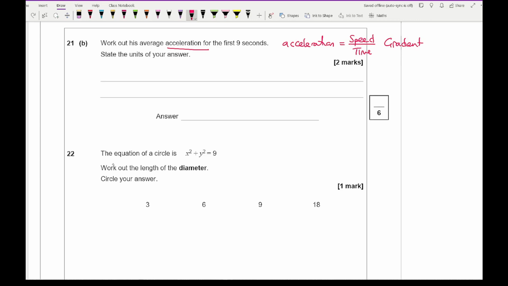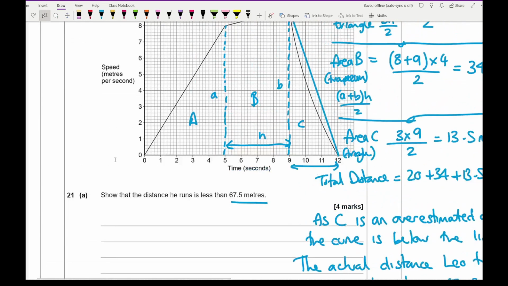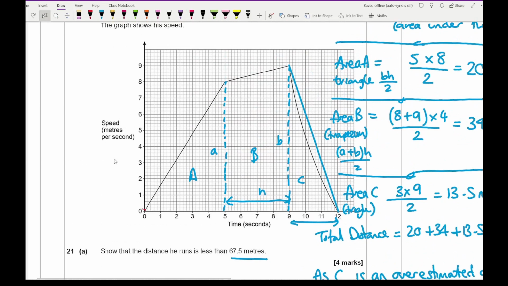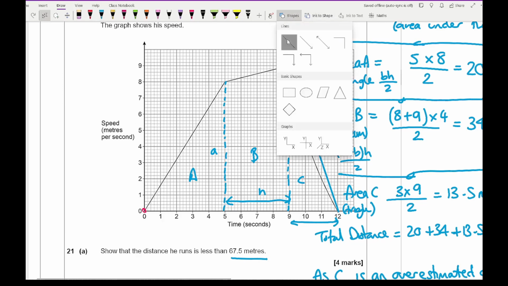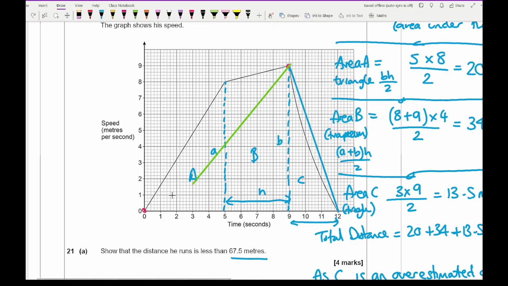So what the question is asking me is to work out the gradient of the first 9 seconds. So if I go back to my graph, that 0 and 9 is here. Then if I draw a line from 0 to 9, I want to work out the gradient of that green line.